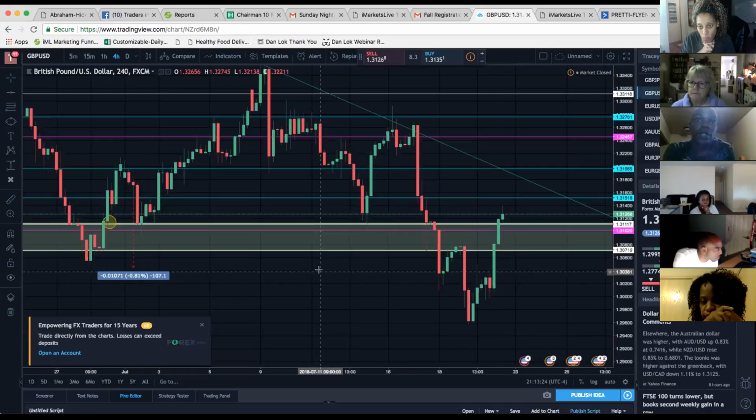Two candles to the left and two candles to the right have to close above. For it to be the lowest point, I've got to have two candles above on each side. Otherwise, it's not the lowest point. If I have any candles below that point, that's not the lowest point, right? Those candles will be the lowest point.